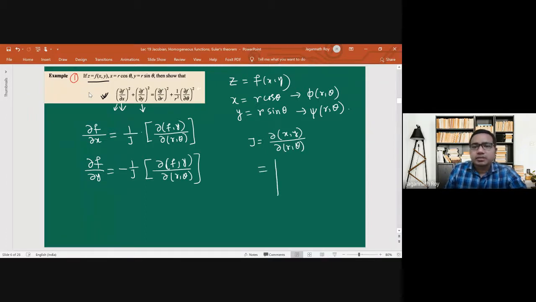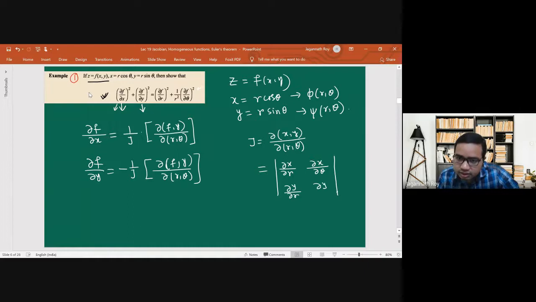So let us calculate. This is del x by del r, del x by del theta, similarly del y by del r, del y by del theta.